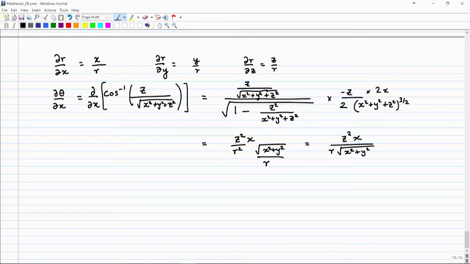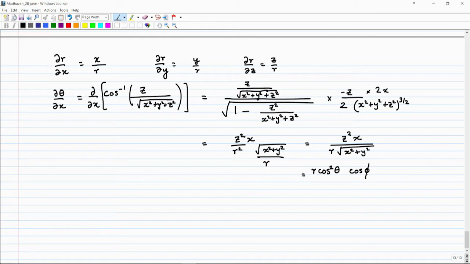And you can write this in a slightly different way. If you realize that z by r is, so z square I can write as r square cosine theta. So, I will be left with r cos square theta, and then x over x square plus y square is nothing but cos phi.